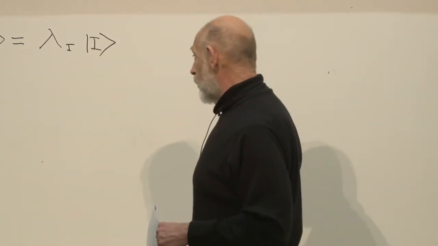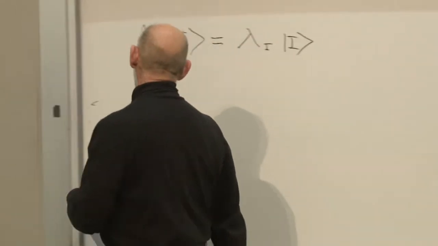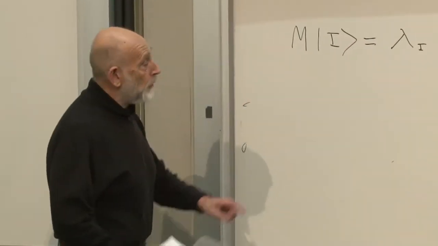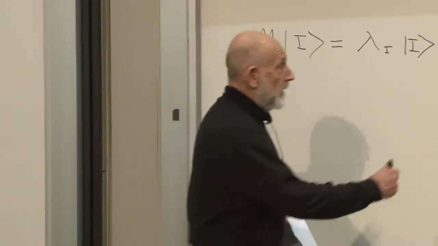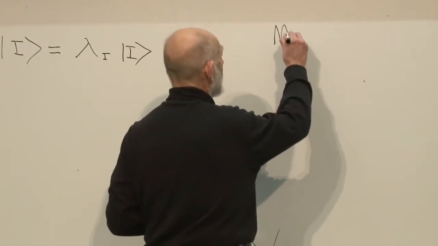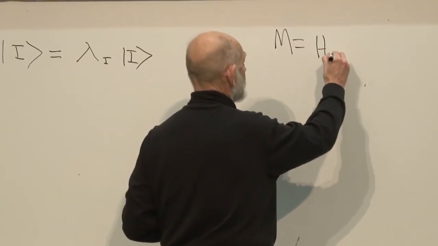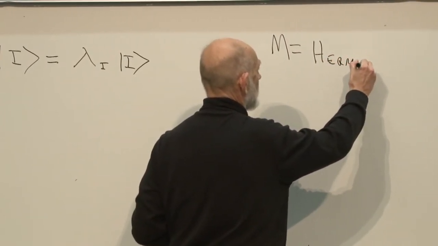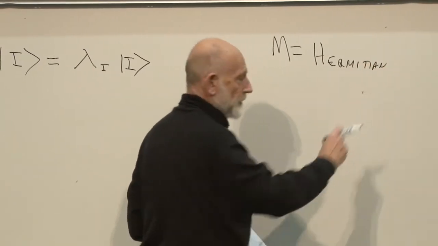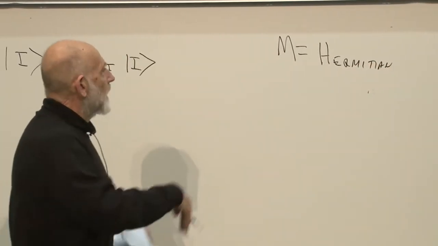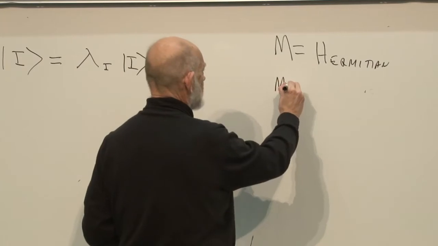All right, so let's prove that if we have two eigenvectors, M is Hermitian. M equals a Hermitian matrix. I use matrix and operator synonymously, which means that M equals M dagger.